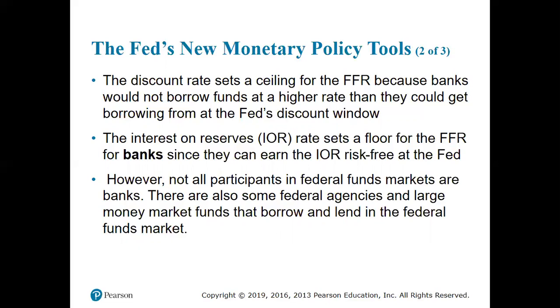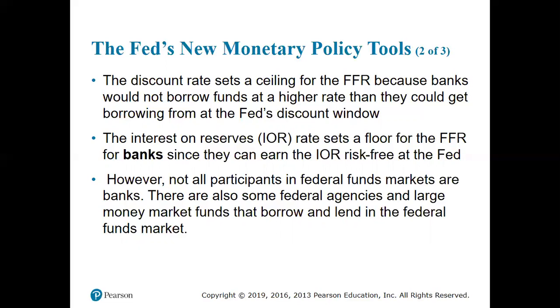Say it's set at 1%. We can borrow from the Fed at 1%. We aren't going to go somewhere else and pay a rate higher than that when we can go directly to the Fed. So if I'm a bank, I'm not going to pay a rate any higher than that discount rate in the Fed funds market. You'd borrow directly from the Fed rather than paying a higher rate borrowing from another bank.